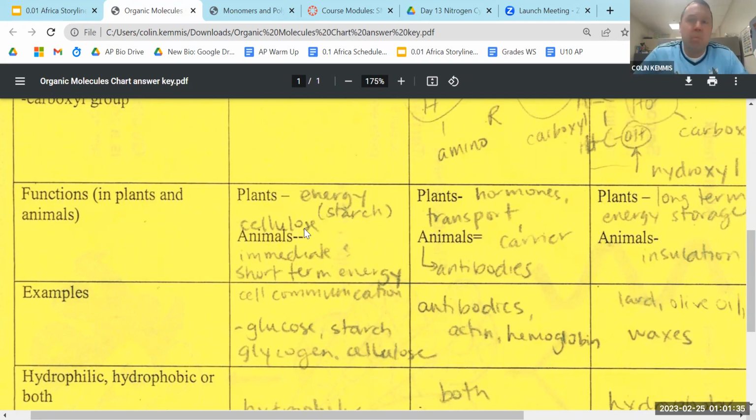They don't have any bones or muscle, so they use cellulose. Starch is also used for cell communication. Glucose in animals and plants for energy. Glycogen is a special branched form of starch that animals use. Liver.